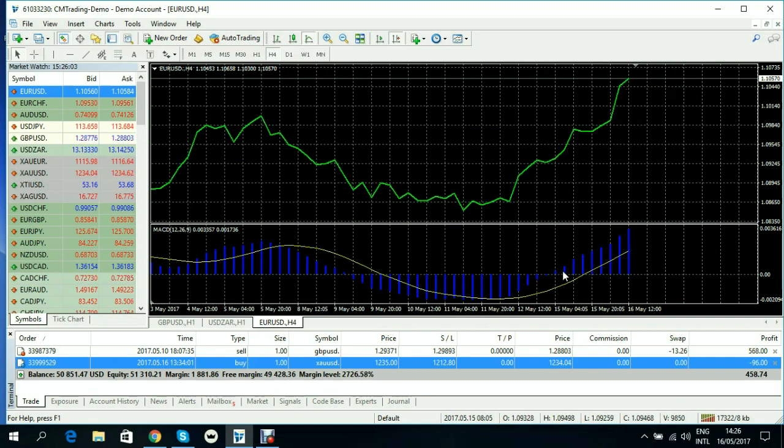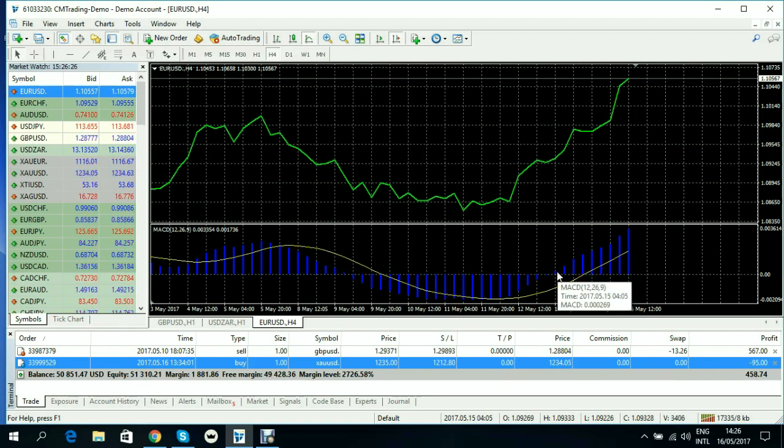So you can see that as the bars increase, the price line also increases. All right, so it is easy to understand.